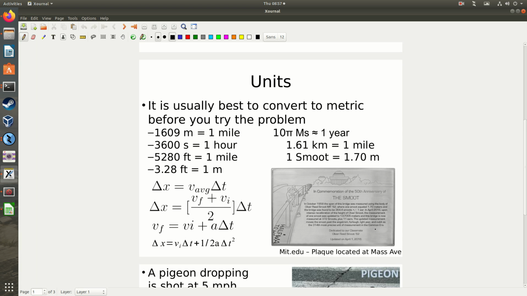So there are a lot of different units out there, is basically the gist of what I'm trying to say. Some equations we know at this point. Delta x is equal to your average velocity times time. Or, since we know that average is the initial plus the final divided by 2, you can express it as delta x is equal to (Vf plus Vi) over 2 times delta t. This right here is your definition of acceleration. Vf is equal to Vi plus a delta t, which is the same as saying (Vf minus Vi) divided by delta t is equal to a.